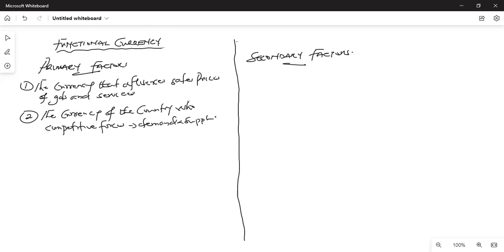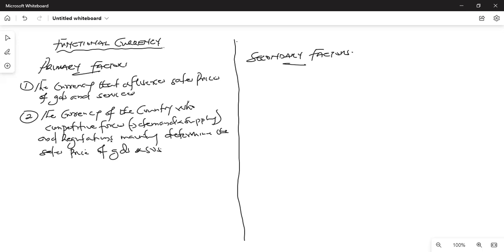Whose competitive forces and regulation mainly determine the demand and supply, or the sales price of goods and services.